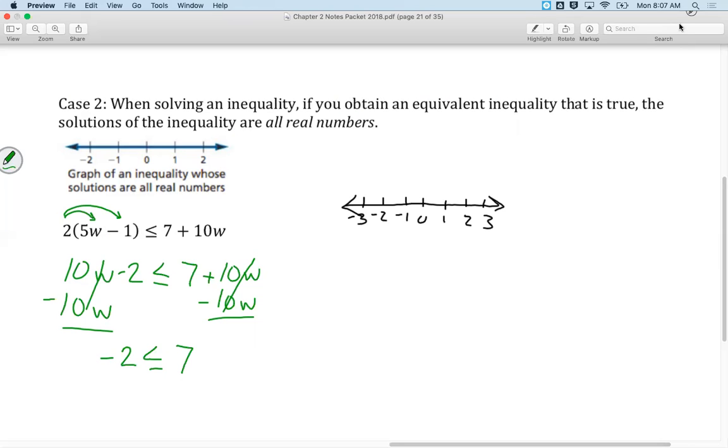But there's no x. I don't know where to put it. Do I put a point at -2 or 7? It's way simpler now. You simply shade your whole graph. Not bad, huh? Not bad.